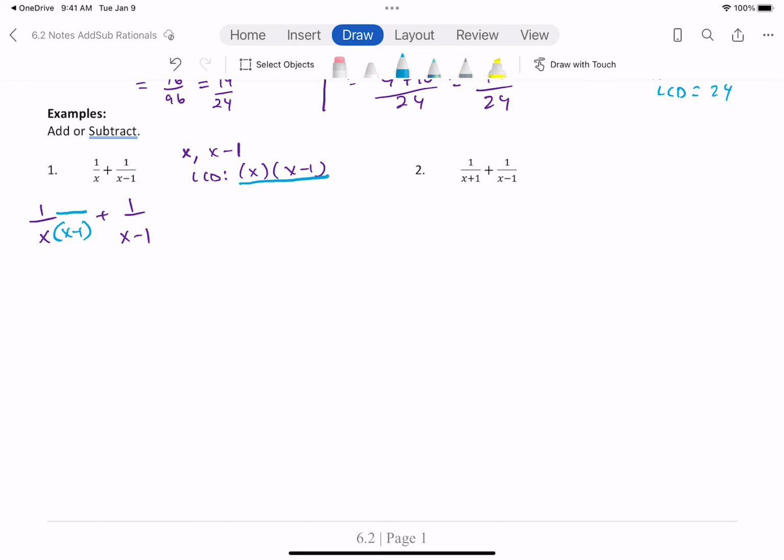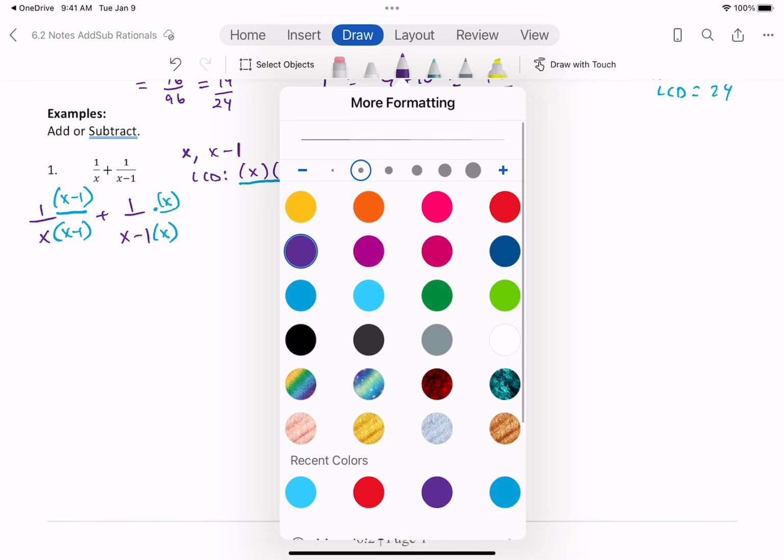But just like before, if I multiply by x minus 1 on the bottom, I'm going to need to do that on the top as well. For the second fraction, I want that denominator to be x times x minus 1. So I'm going to need to multiply by x to make it look like that. And again, if I do that on the bottom, I have to do it on the top.